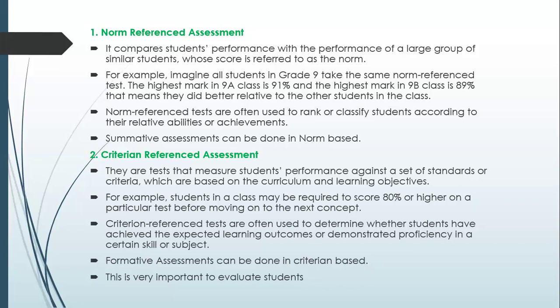That is called norm-based. In O-level and A-level, we give A passes, B passes according to the student's performance, in comparison to that group of people, meaning grade 11 students in the island. So we give ranks as A, B, C. Those are called summative assessments.